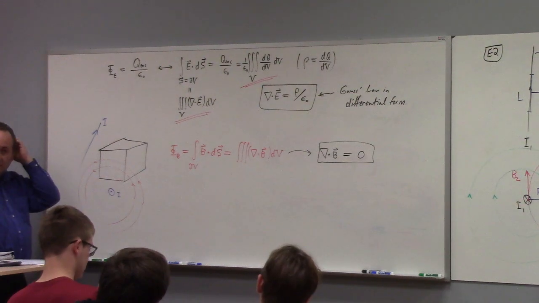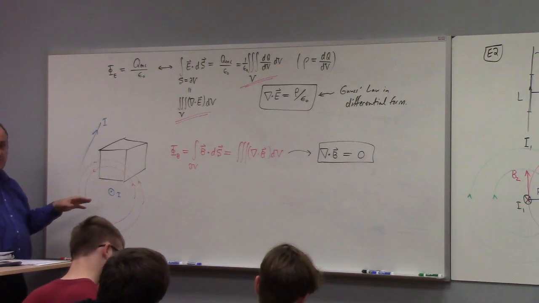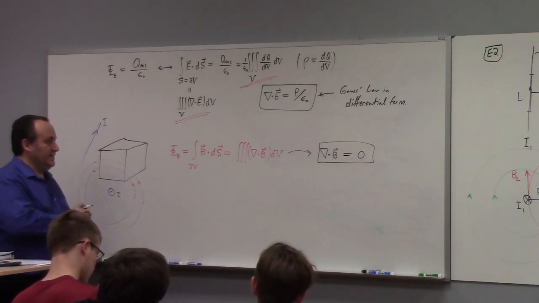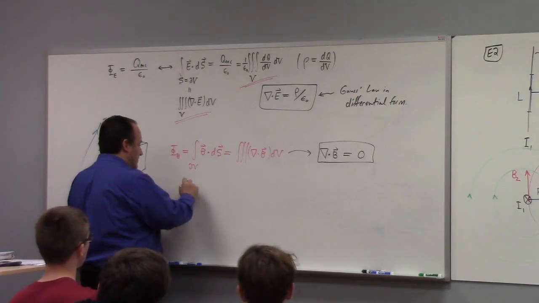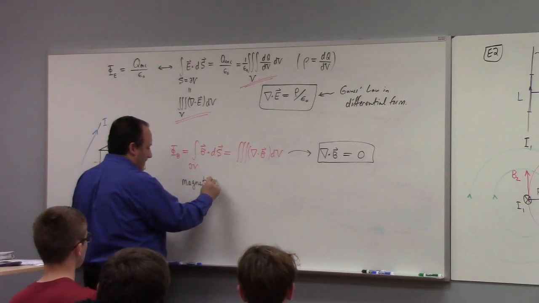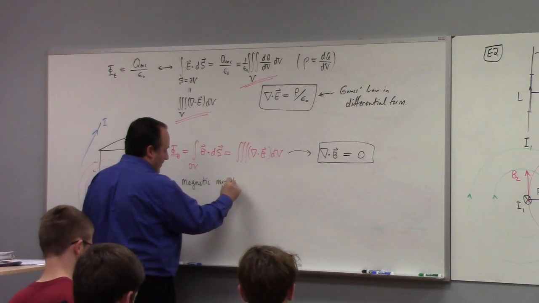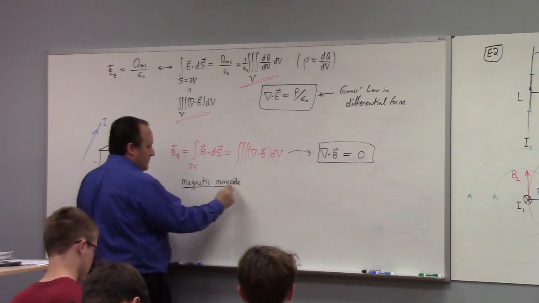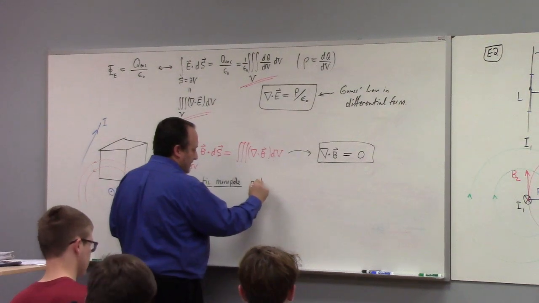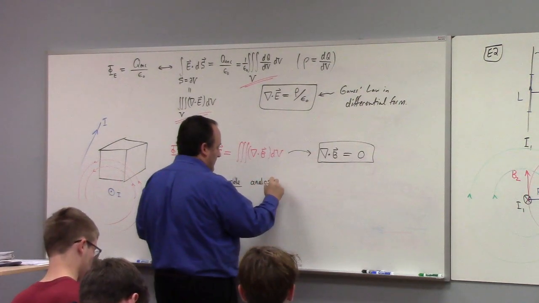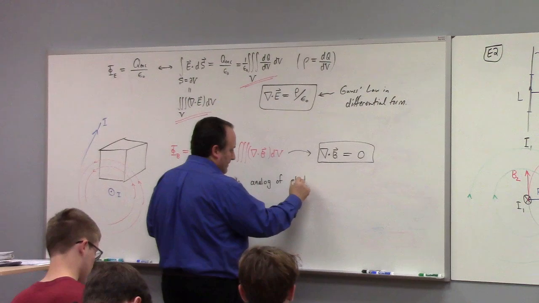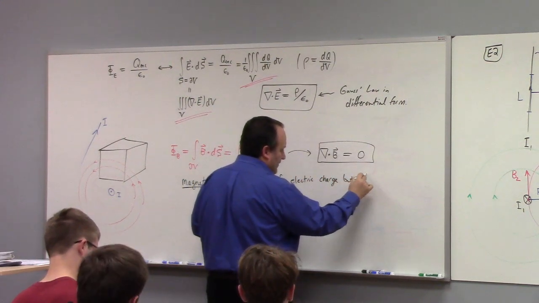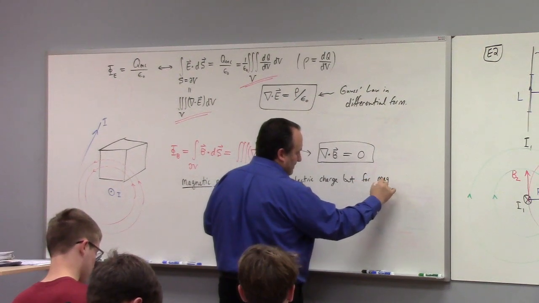If you could find a magnetic field that actually had a non-zero divergence, that would speak to the existence of something called a magnetic monopole. So a magnetic monopole would be analogous to electric charge, but for magnetism.